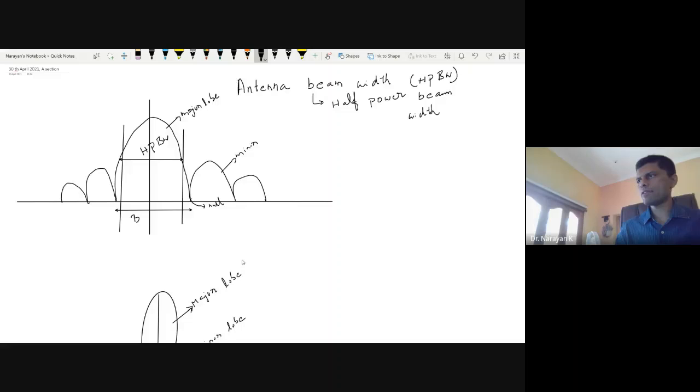And this area is known as the beam width between first nulls. This is one null and this is one more null. Between these two nulls it is known as the beam width between the first nulls.